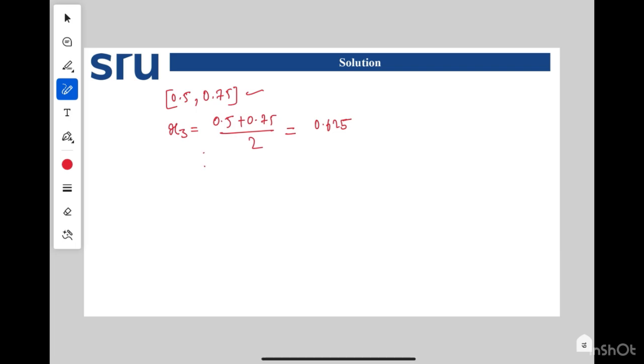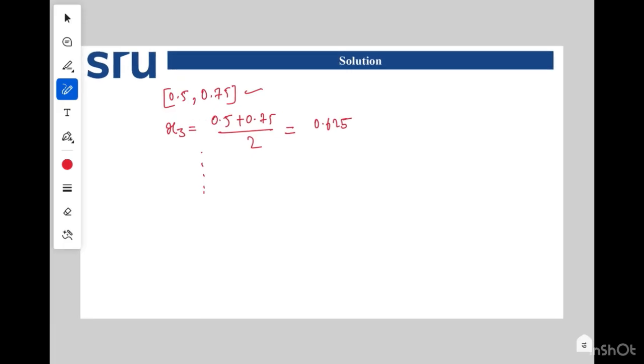Similarly, if you calculate the sixth and seventh approximations, x6 and x7, you will get x6 equal to 0.57825 and x7 equal to 0.570312.